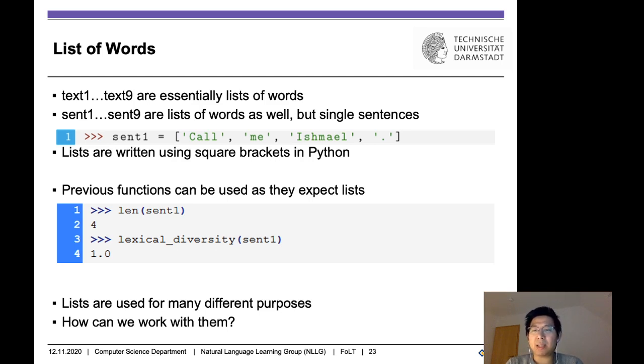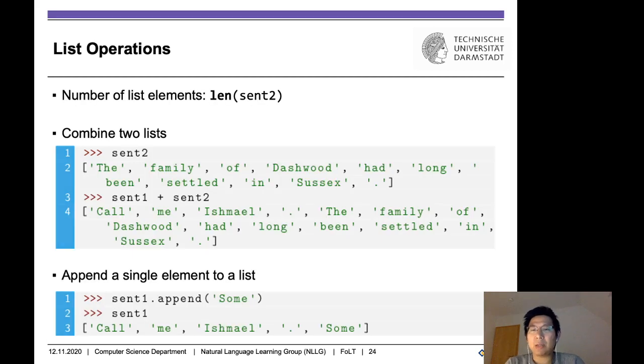in text processing. So what else can we do with list structures in Python? First, we can calculate the number of words in a list, and also we can combine different lists by using plus operators between different lists. As a result, we just add the second list to the end of the first list.